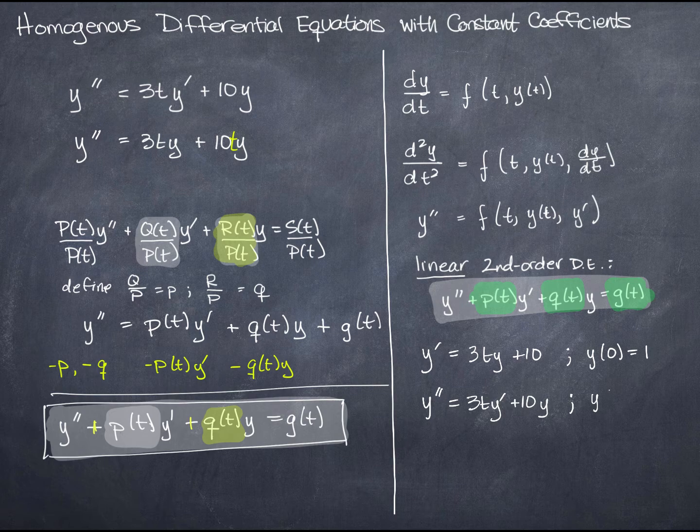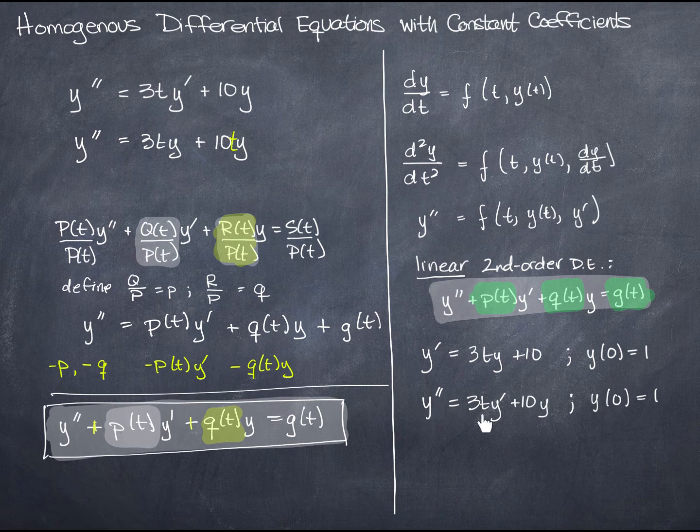I will need some initial conditions, but if you'll recall, essentially what we're doing when we solve a differential equation of the first order is we're trying to get it into a form so that I can integrate both sides and find out what y is. And then once I know what y is, I can plug 0 in for t, 1 in for y, and that will let me determine what my constant of integration was, right?